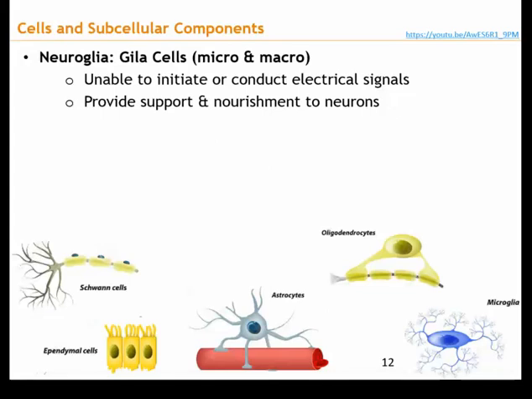So we have different types, which we see down here at the bottom. So some of them form myelin sheath across the axons, which are our Schwann cells here, and then our oligodendrocytes. Oligodendrocytes produce myelin in the central nervous system, where Schwann cells work also in the peripheral nervous system.